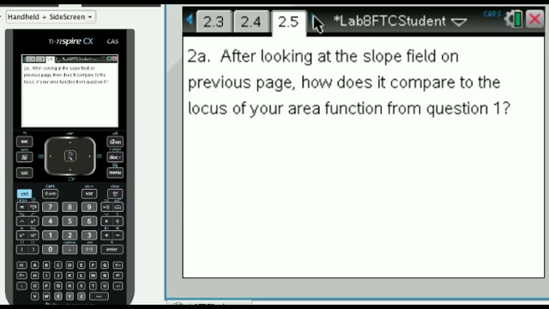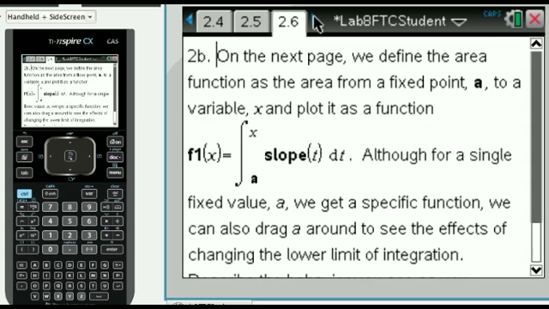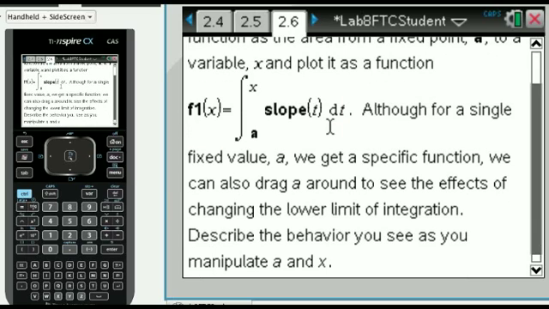Okay, after looking at it, they're asked to compare how the graph that they produced with the locus command earlier compares to the slope field. Then after that they're asked to explore this in a graphical sense, where they're going to drag around A, which is the lower limit of integration, to see the effects of changing the lower limit of integration, and they're asked to describe the behavior they see.